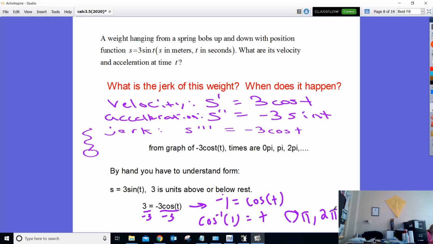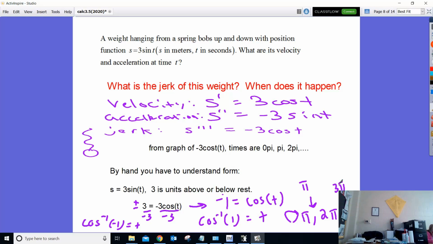Now, that doesn't count for everything, because the reality is this is actually a plus or minus 3, because we're 3 above and 3 below. So at the same time I'm finding the arc cosine of 1, I also have to find the arc cosine of negative 1 as well. And that gives you your pi's. Okay? That's how you do it by hand.